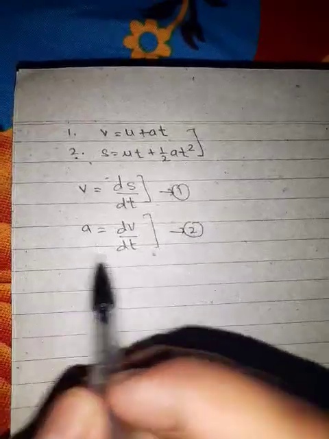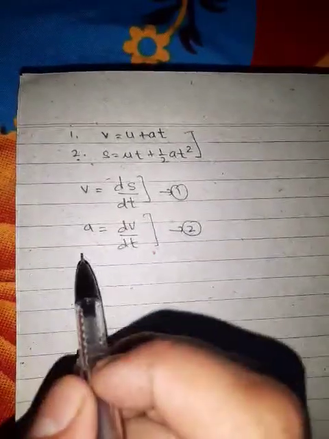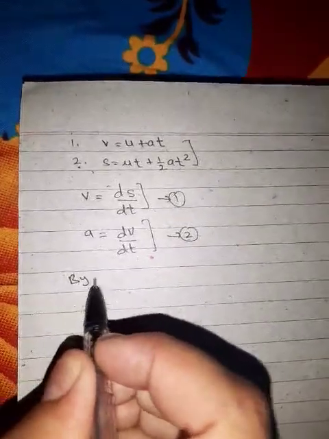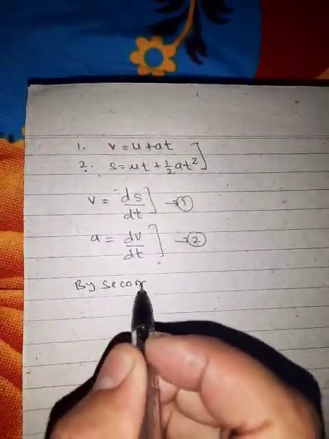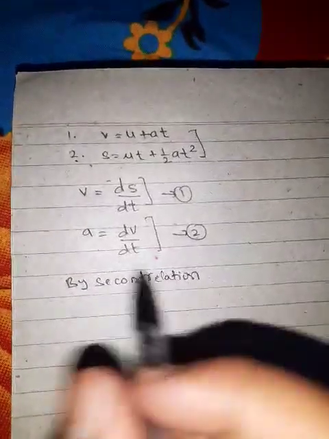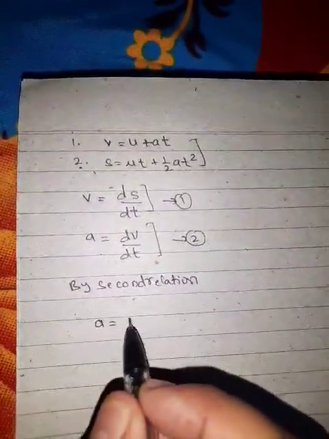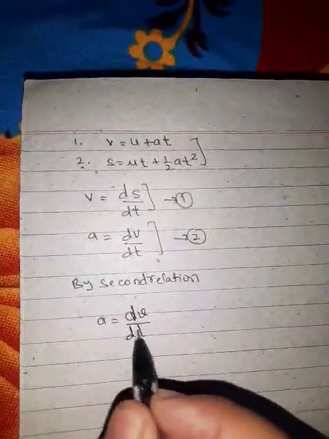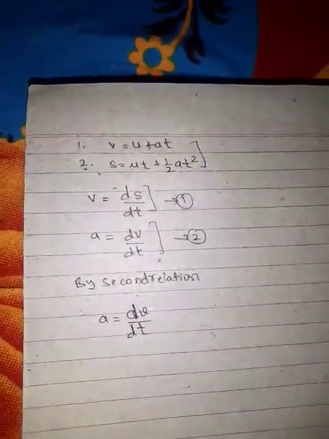For solving the third equation of motion we will take the help of the second relation, that is a is equal to dv by dt.